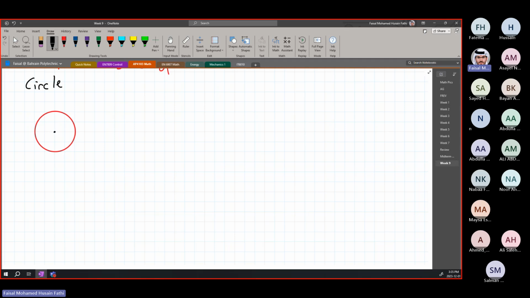We have something called the radius, or R. The radius is the distance from the center to any side.